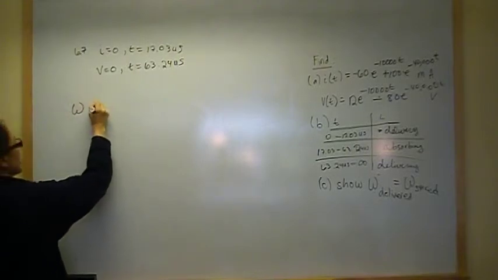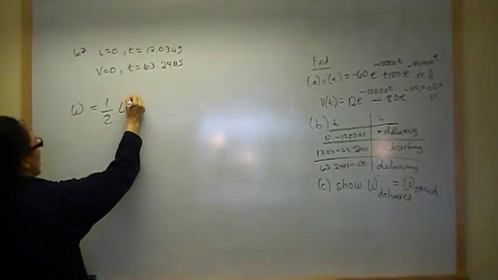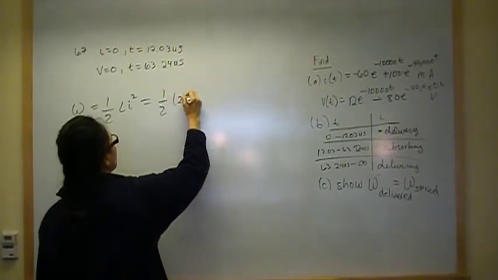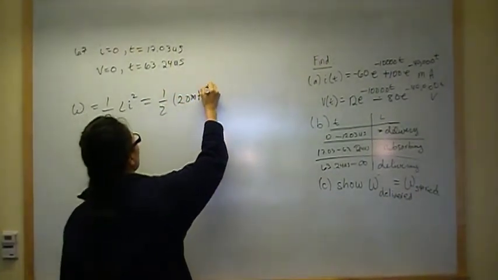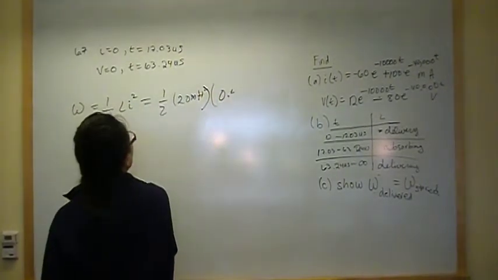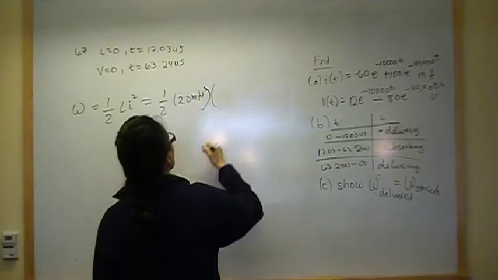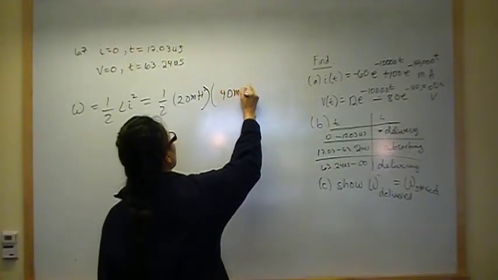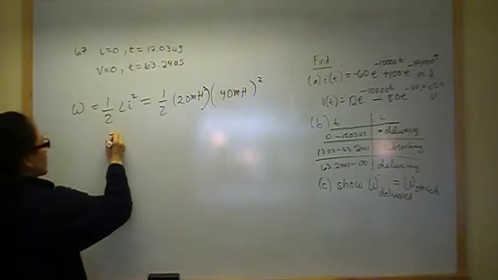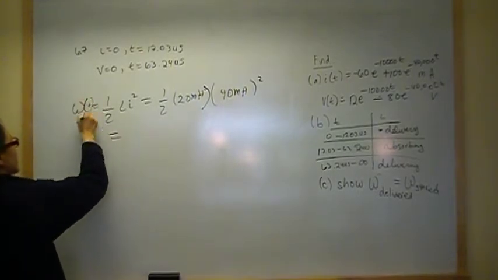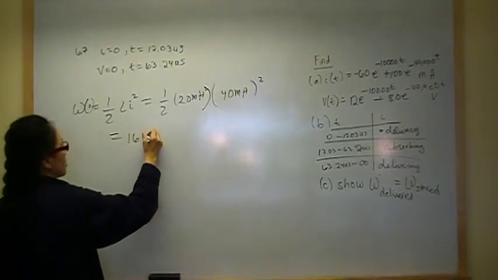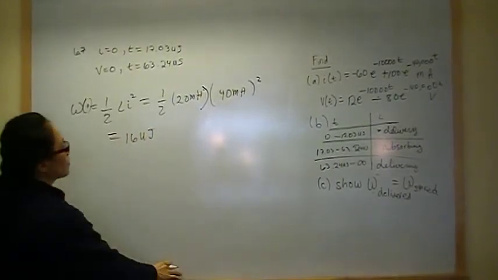Because omega is equal to 1/2 L i squared, and that's 1/2 times 20 millihenries times 40 milliamps squared. And this is omega at 0. At time 0, how much energy is stored? That number is 16 microjoules. That was the easy part.